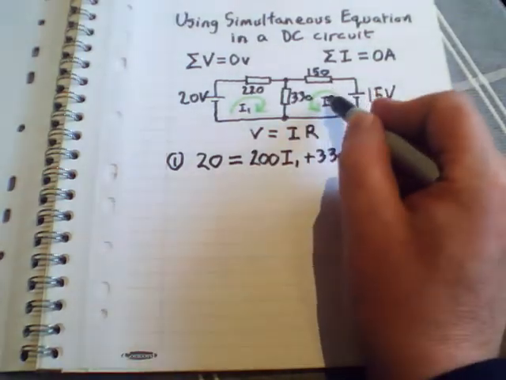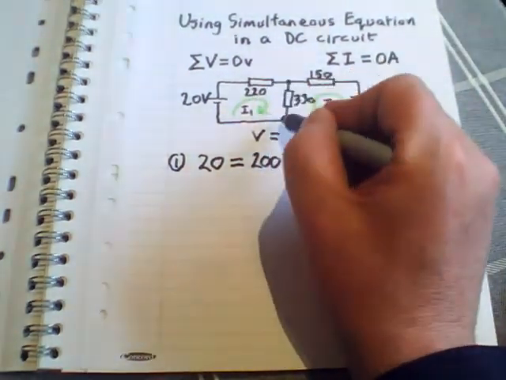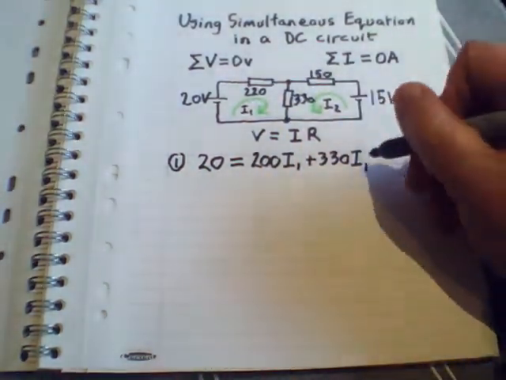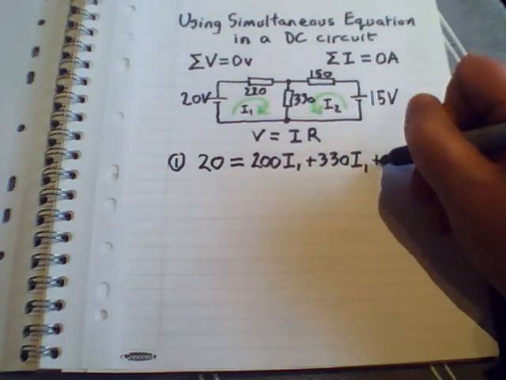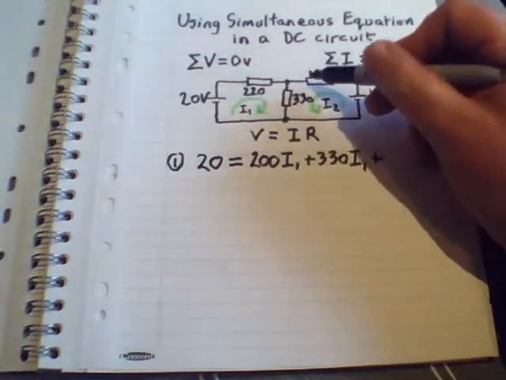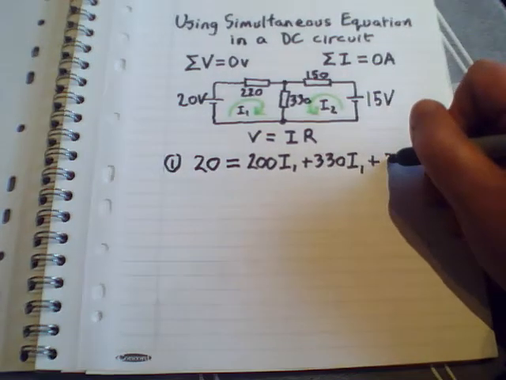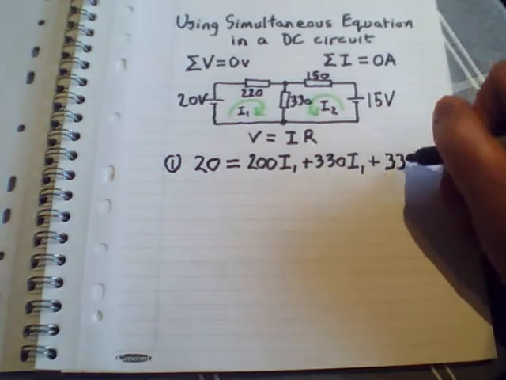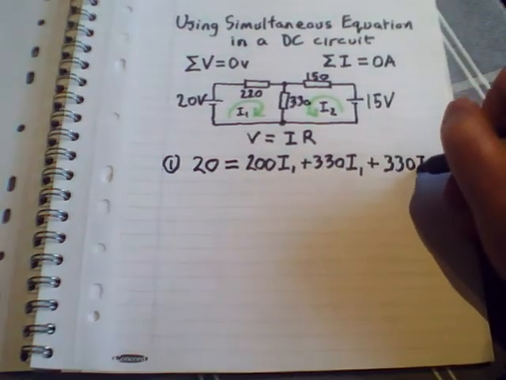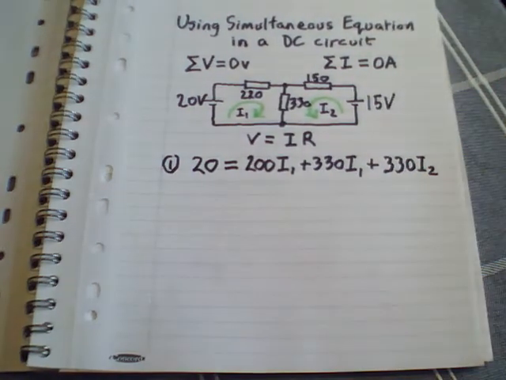Now, the way I've decided to draw the two loops, both currents are heading in this direction, so I'm going to add the current flowing in this direction from I2 using Ohm's law again. So the other voltage, which I'm going to take into account, is 330 I2. So that's the first equation.